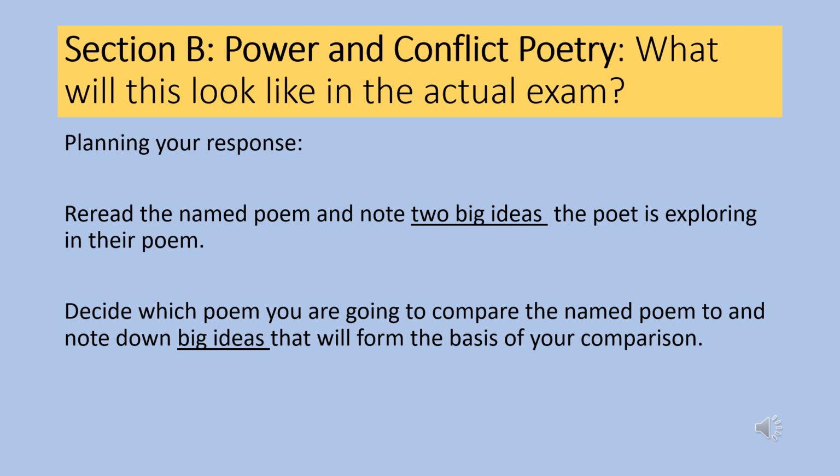You may also want to use that moment to highlight or underline any key quotes, words, references that would support your big ideas. Decide which poem you are going to compare the named poem to and note down a big idea or two that will form the basis of your response, and find in your memory the quotes or references that might support those big ideas.